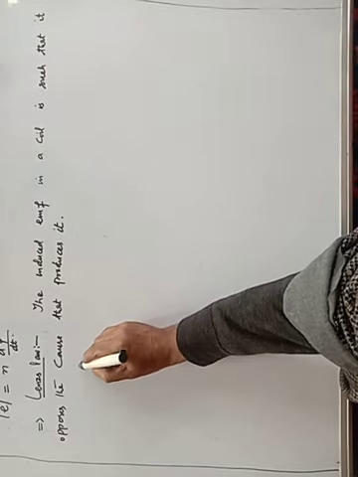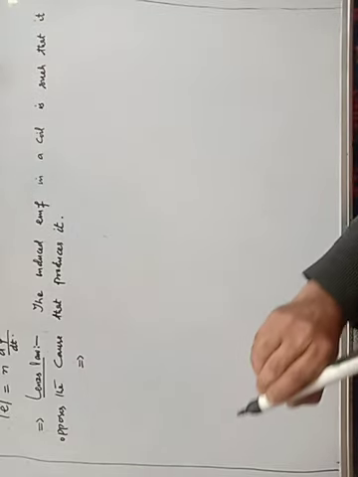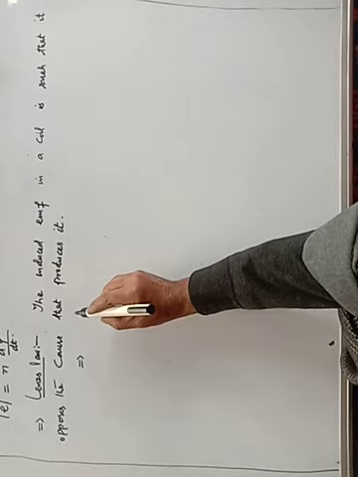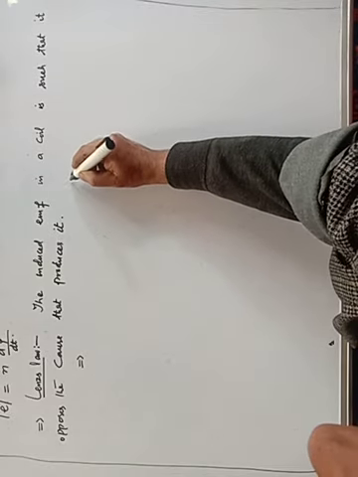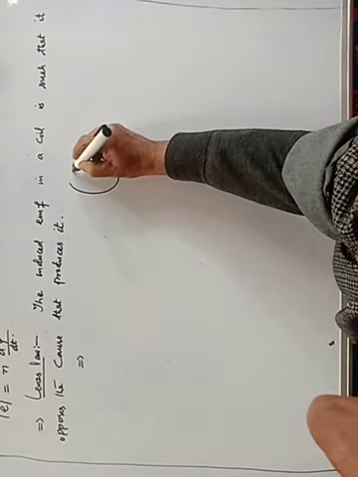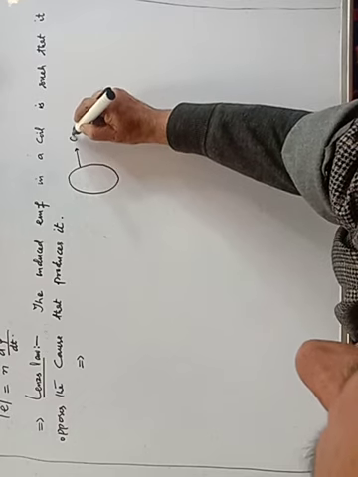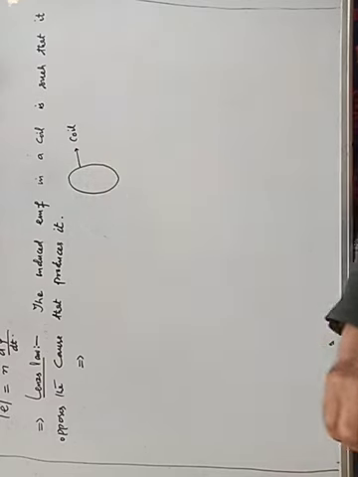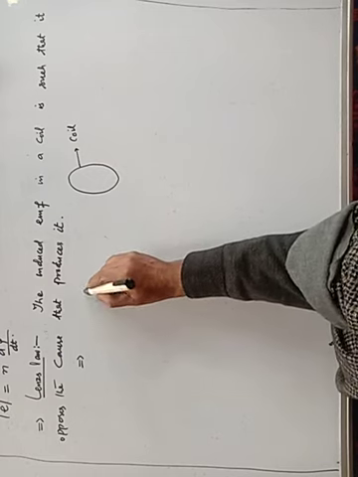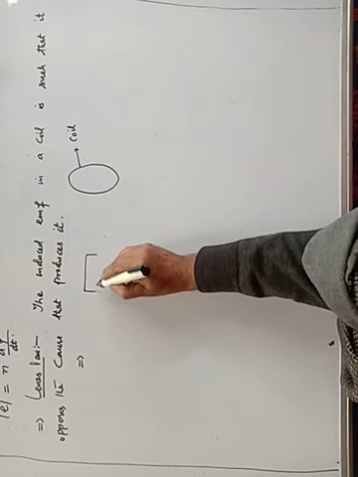So let us consider a coil. So this is a conducting coil. This is the north pole and this is the south pole of the bar magnet.